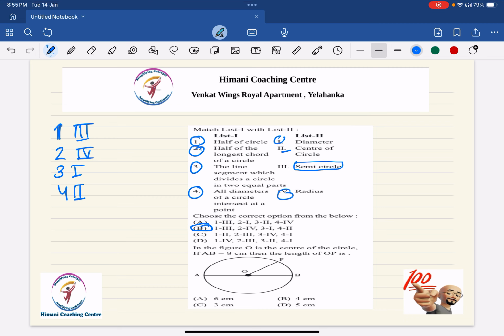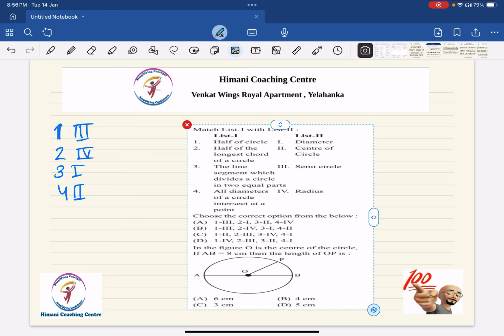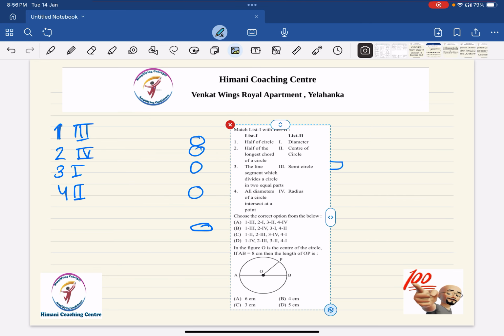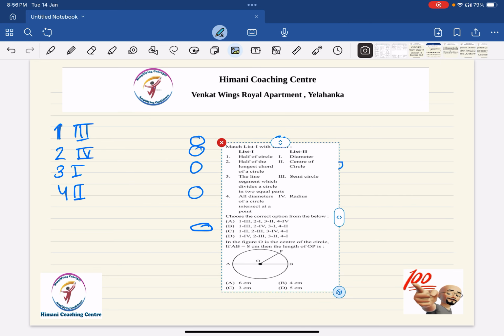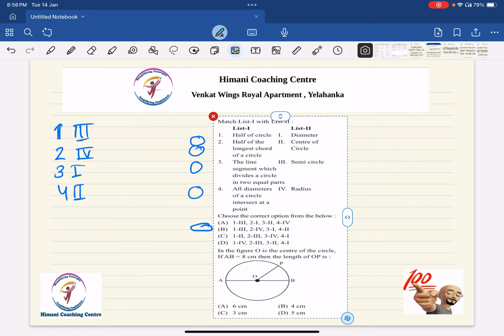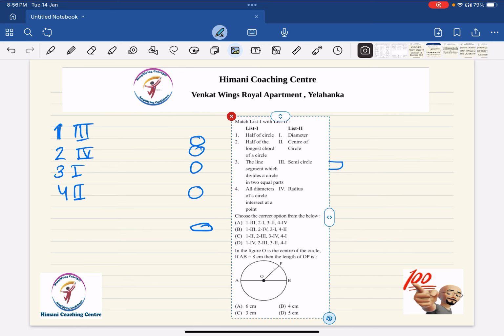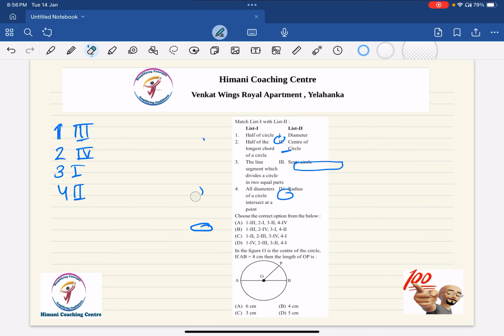Okay, students. Now the last question in this sheet is, in the figure O is the center of the circle and AB is 8. Okay, let me make it look like a circle perhaps. Yeah, it now looks like a circle. Okay, let me erase this, which we had used in the previous one.